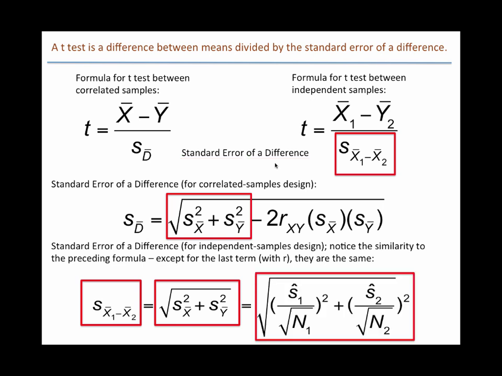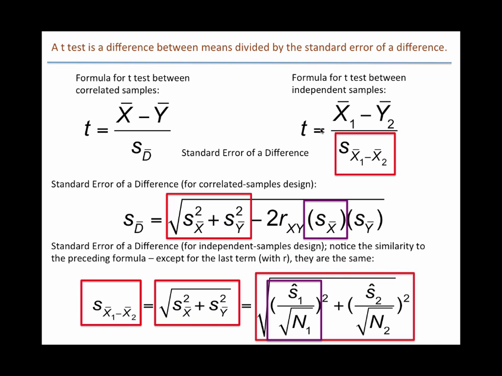If we go a little bit further, we begin to see some familiar statistics that we have computed in the past. The standard error of the mean, that s sub x bar, is really nothing more than the standard deviation of the first data set divided by the square root of the total number of participants in the first data set.